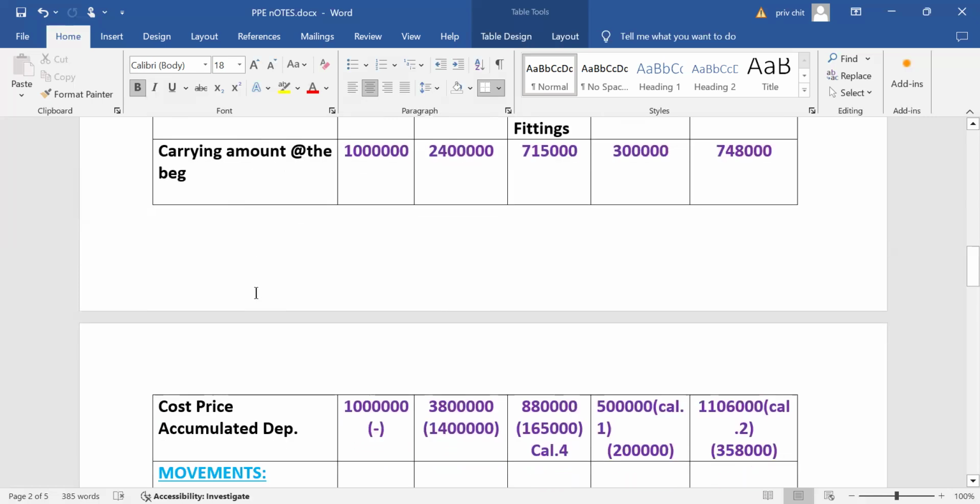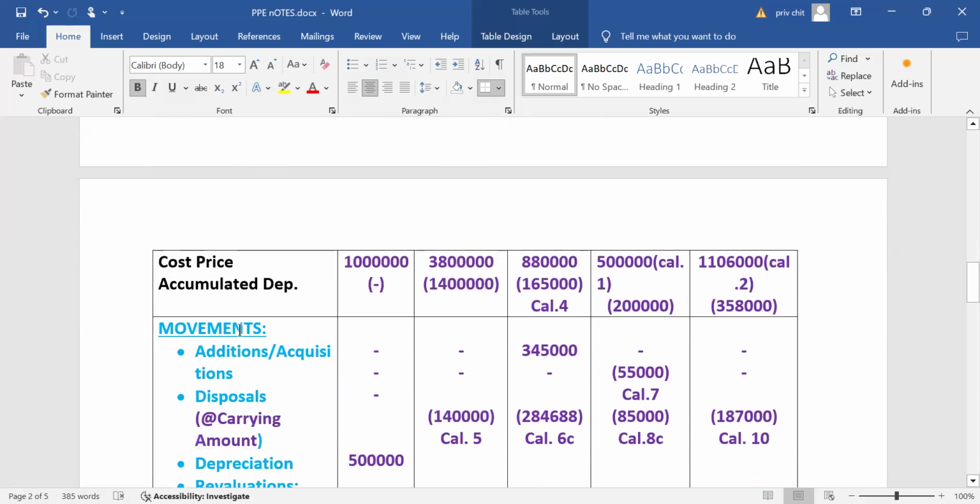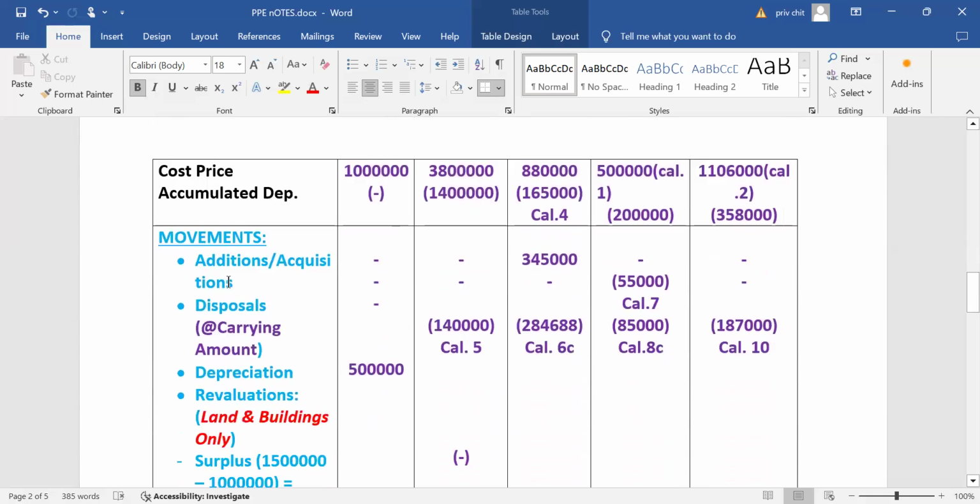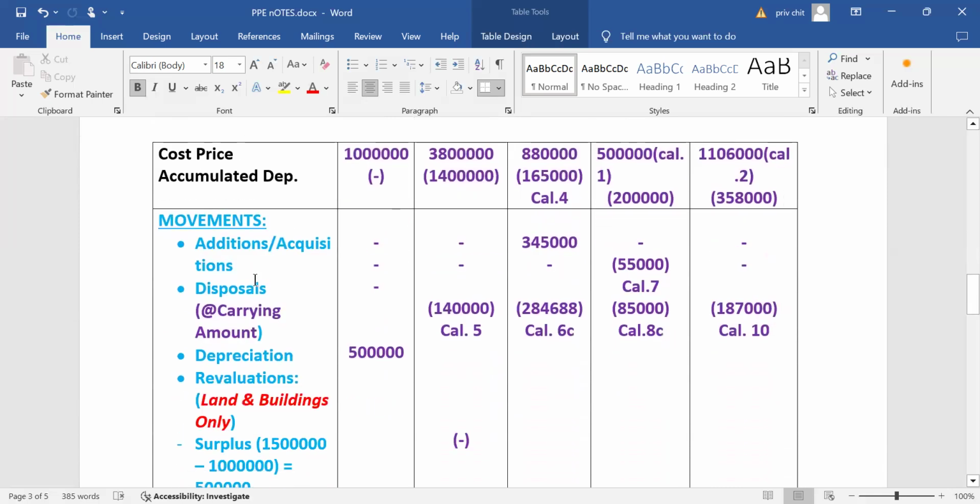Very, very important. But anything under the movement section has to do with what transpired from the beginning of the financial year, the current year, up until the end of the financial year in question.